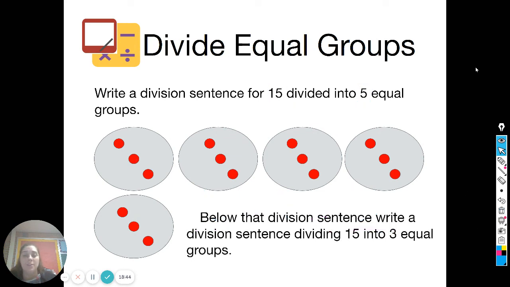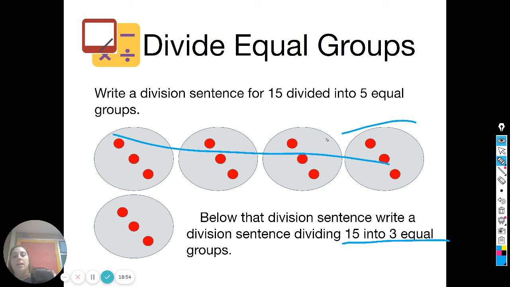Now below that, write a division sentence for 15 divided into 3 equal groups. So you may need to draw a new picture. So go ahead if you need to draw a picture for 15 divided into 3 equal groups, and then write your division sentence, blank divided by blank equals blank.